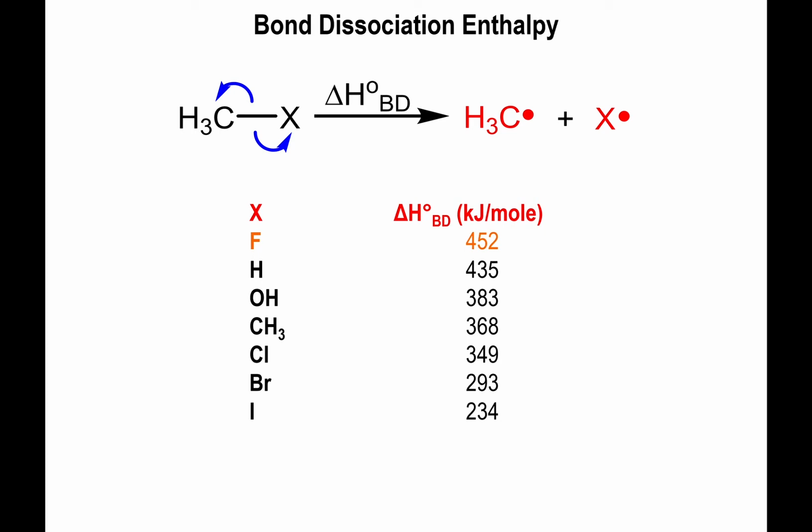Not as strong perhaps as the HF bond, but it is kind of strong nonetheless. And both in the HX example and the methyl X example here, this is due to the greater electronegativity difference between carbon and, in this case, fluorine, right? That gives you the greatest difference in electronegativity, so you have a stronger bond overall.